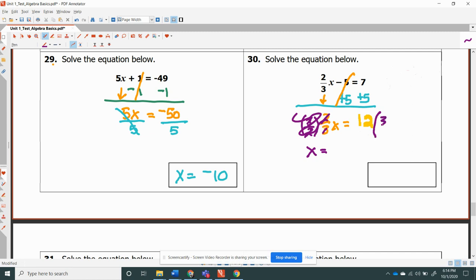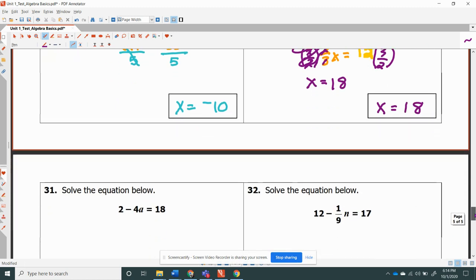Okay, so I'm sorry. 12 over 1 times 3 over 2. And cancel that, cancel that. 6 times 3 is 18. 18 over 1 makes 18, so x equals 18. Sorry about that, I almost missed it.